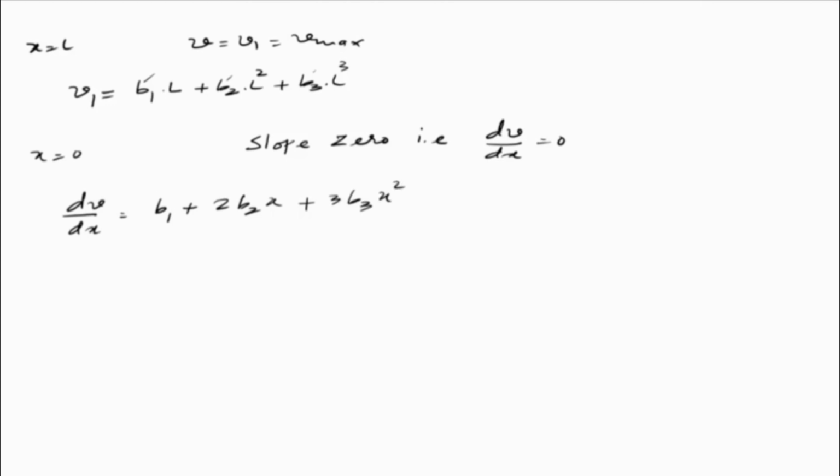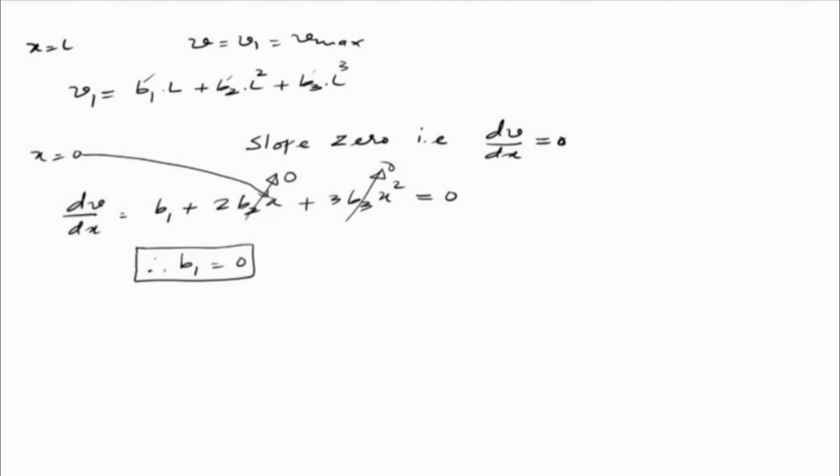If I differentiate v with respect to x, this is the equation I am going to get, and I equate it to 0. Now, wherever x is there, that x should be replaced with 0. Therefore, these terms I'll get 0. Therefore, I'll get b1 is equal to 0. So this is another constant.